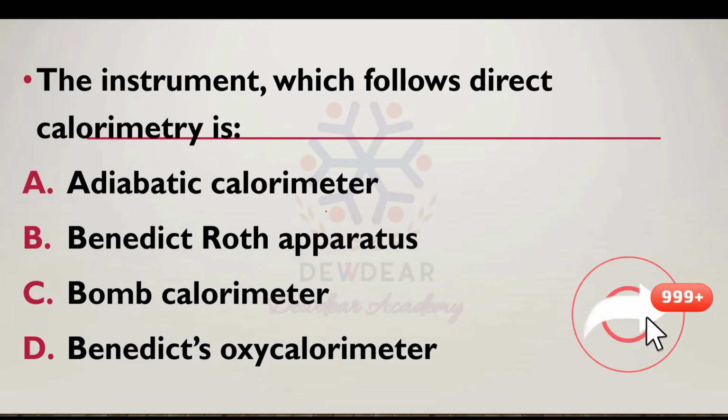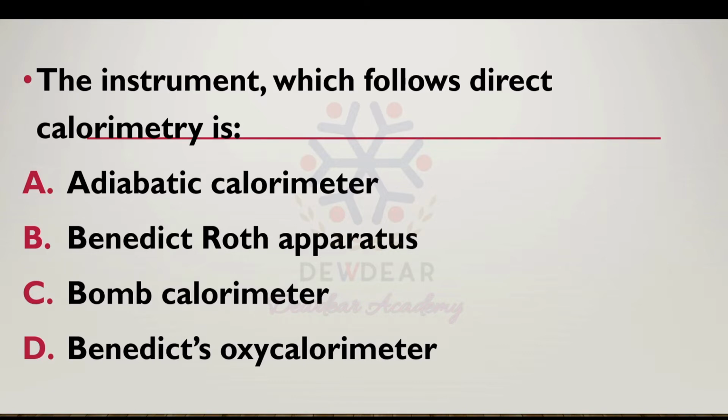The next question, the instrument which follows direct calorimetry. Options: adiabatic calorimeter, Benedict Roth apparatus, bomb calorimeter, Benedict's oxycalorimeter. So what is calorimetry? Calorimetry helps in determining the energy expenditure. In direct calorimetry, the heat is measured.